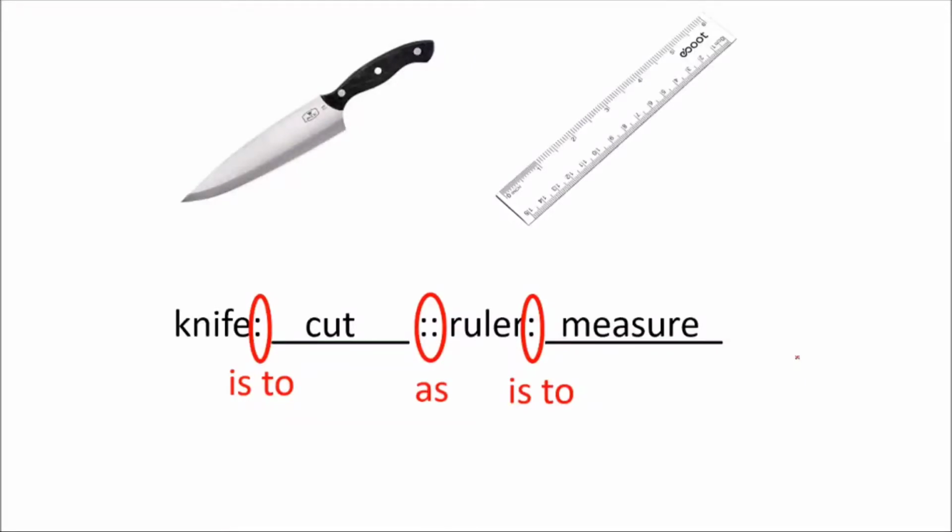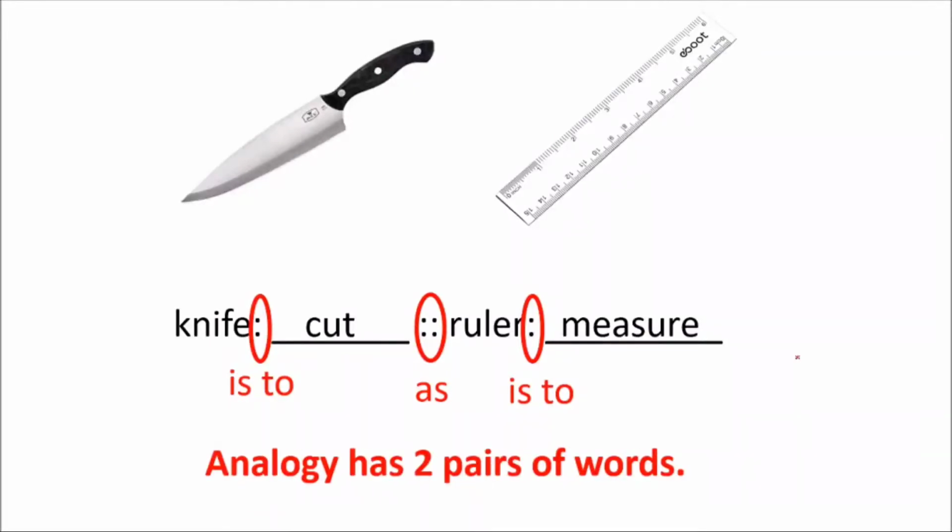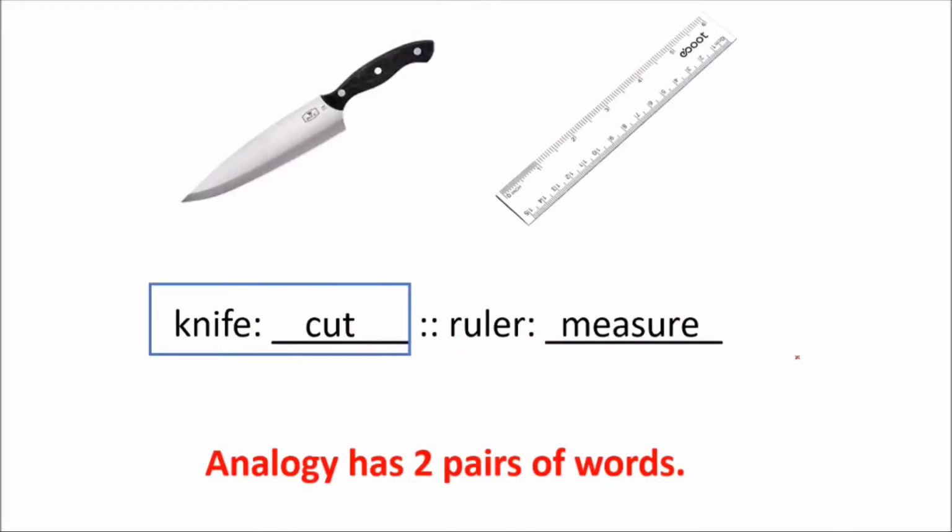So, if we're going to read this one, we say knife is to cut as ruler is to measure. Again, by definition, analogy always has two pairs of words. We've got here our first pair, knife and cut, and our second pair, ruler and measure.